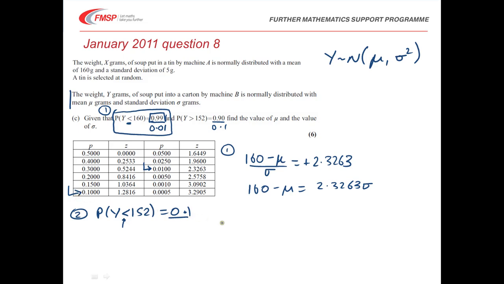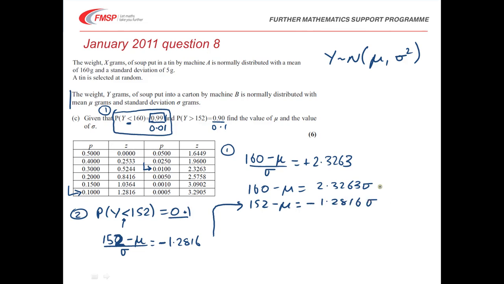So I still look up 0.1, but when I come to standardize it, so 152 minus mu over sigma, that's going to give me a negative z value of 1.2816, which will give me 152 minus mu is equal to minus 1.2816 sigma.